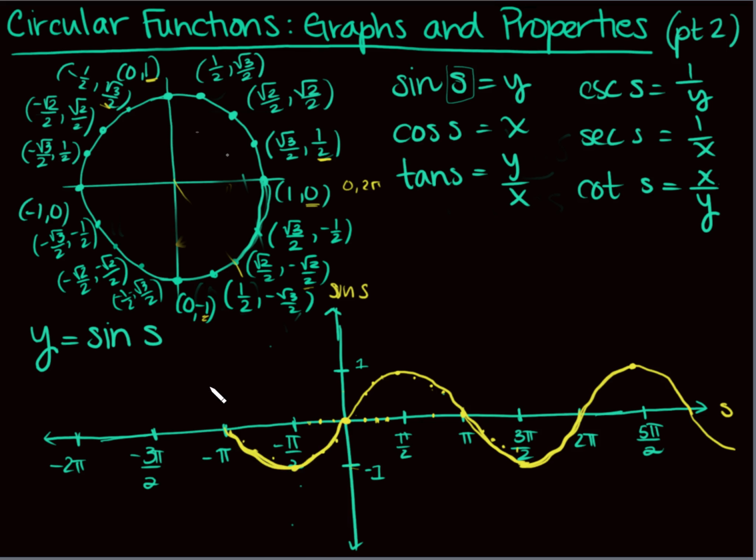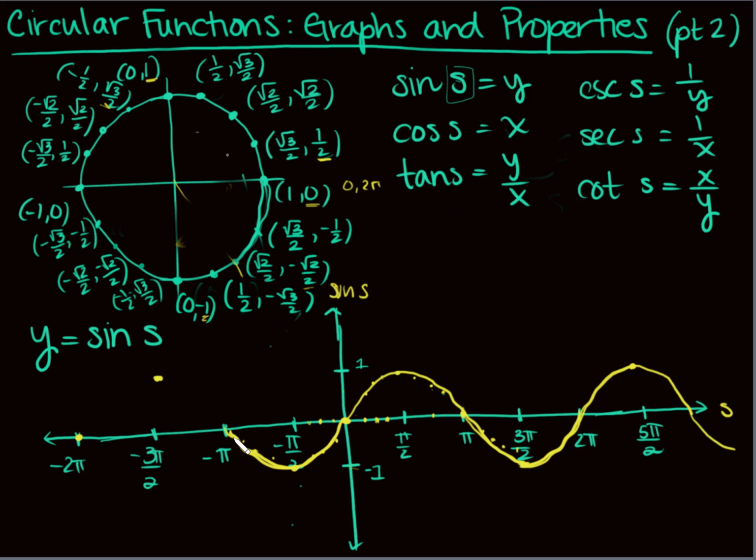Okay, and negative pi, why is it 0? Because if we go negative pi, that's coterminal with pi, and the y coordinate there is 0. Okay, negative 3 pi over 2, we'll just jump up there because we know what's happening. Negative 3 pi over 2 would be this guy, so it's coterminal with pi over 2, and sine at pi over 2 is 1, so sine at negative 3 pi over 2 is going to be 1. And then at a negative 2 pi, we're going to be back at 0.